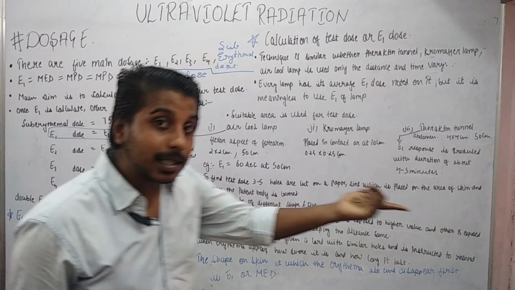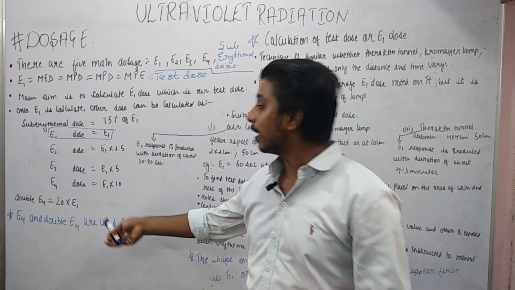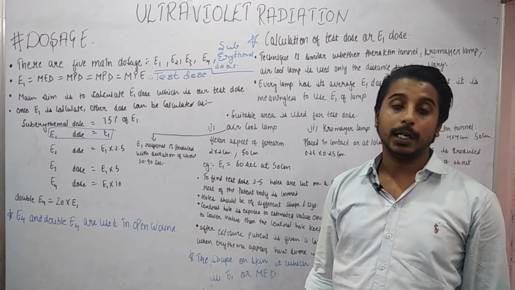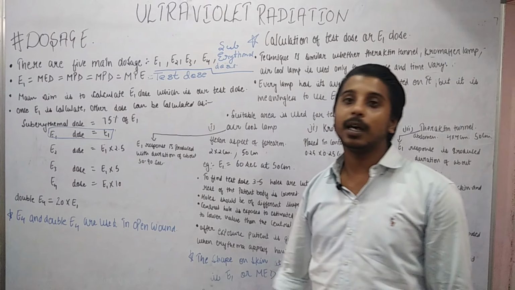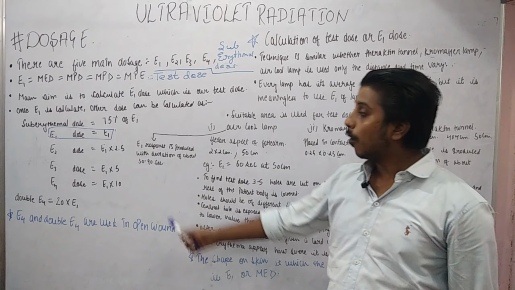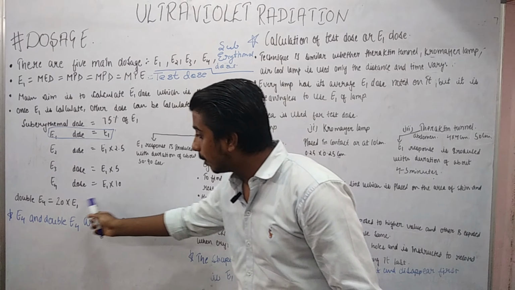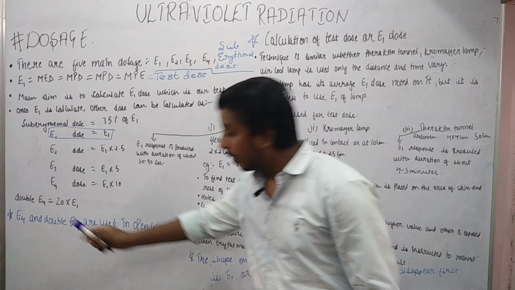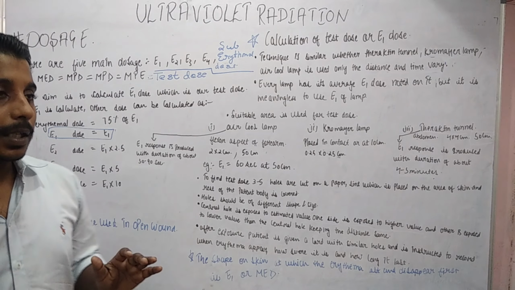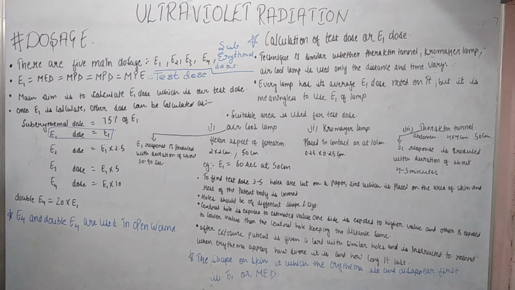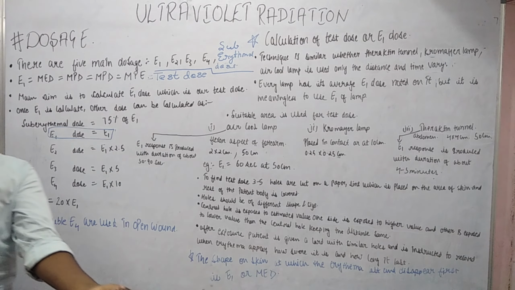And there is a 6th dose, double E4, which is used in open wounds. Both E4 and double E4 are used in open wounds. E4 is E1 into 10, and double E4 is equal to 20 into E1. So this is how you can calculate the other doses from E1.